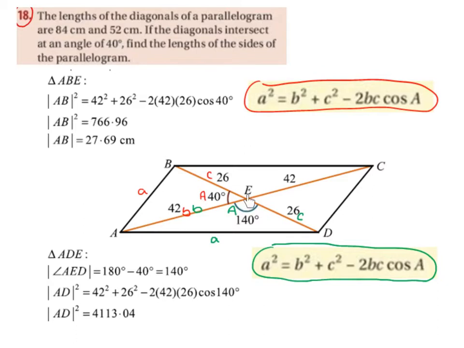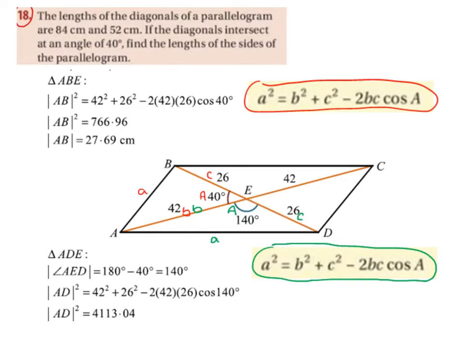So I'm using 140 degrees, that's capital A. The side opposite it, what I'm looking for, is lowercase a. Then I'm going to label the other two sides as B and C. I'm going to label 42 as B, and 26 as C.